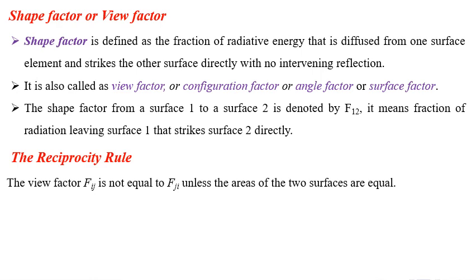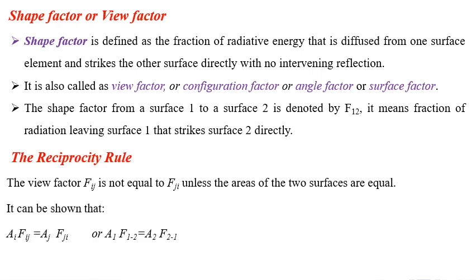Then there are several rules, of which a very important one is the reciprocity rule. The view factor Fi-j is not equal to Fj-i unless the areas of the two surfaces are equal.